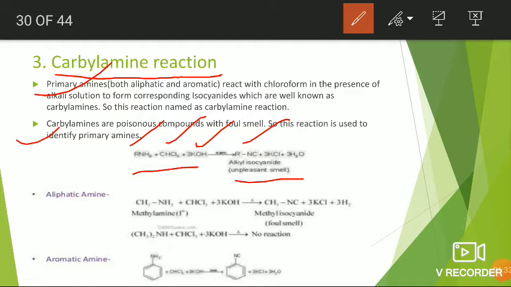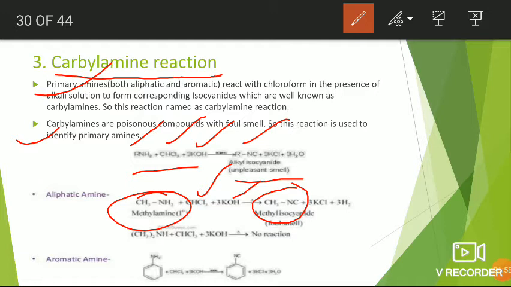If you observe the examples for the carbylamine reaction, if you take an aliphatic primary amine, for example methyl amine, it undergoes reaction with chloroform in the presence of base to form methyl isocyanide, CH3NC. It is different from methyl isocyanate, MIC, not cyanide.